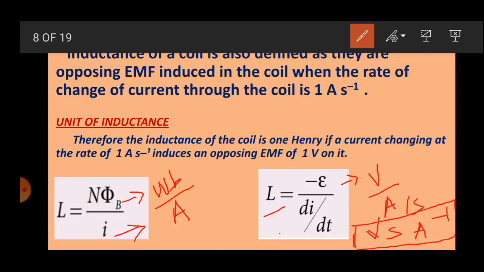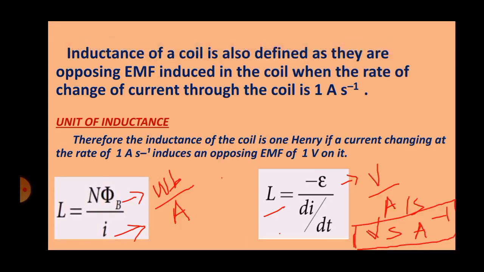Then let us define 1 Henry. This is nothing but self-inductance. The inductance of the coil is said to be 1 Henry if a current changing at the rate of 1 ampere per second induces an opposing induced EMF of 1 volt in it. So, if di by dt is equal to 1 ampere per second flowing through the circuit, and the EMF is minus 1 volt, then L is equal to 1 Henry.